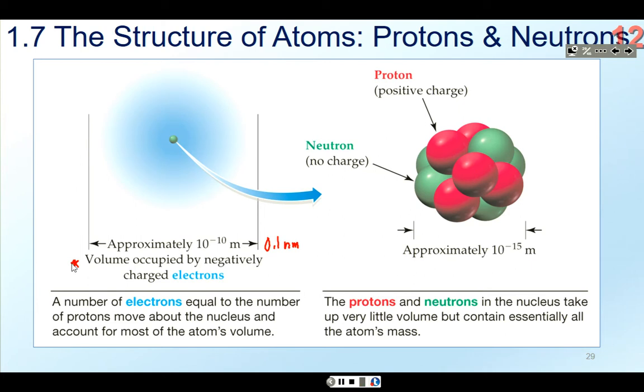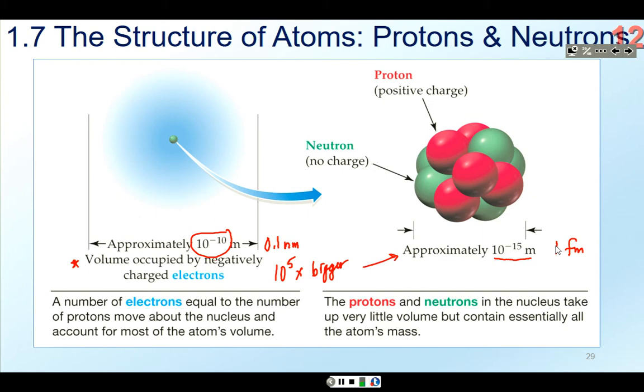And 10 to the minus 15th is 1 femtometer, that's pretty small, is the diameter of the nucleus. So the electrons occupy a volume 10 to the 5th, which would be 100,000 times bigger than the nucleus.